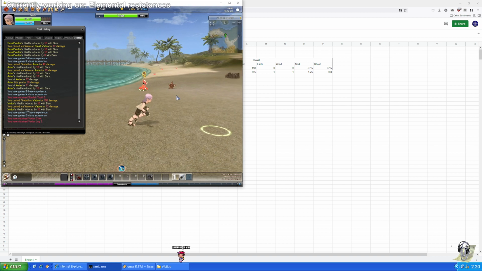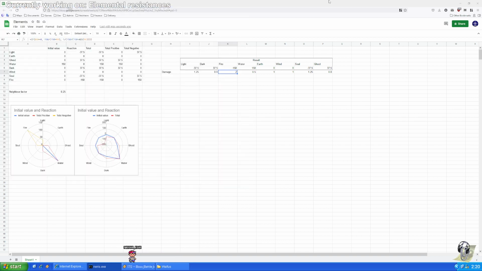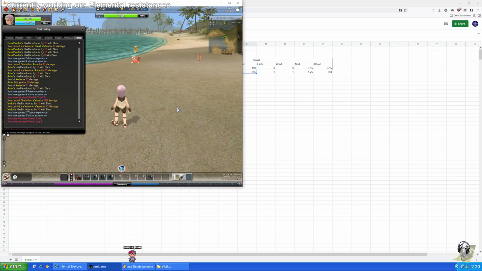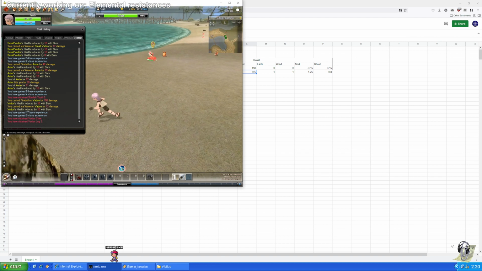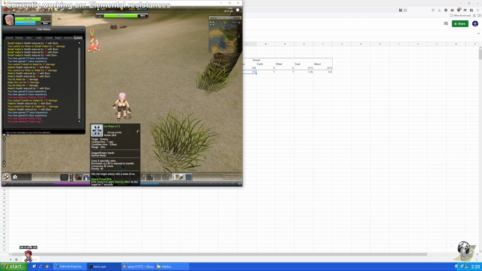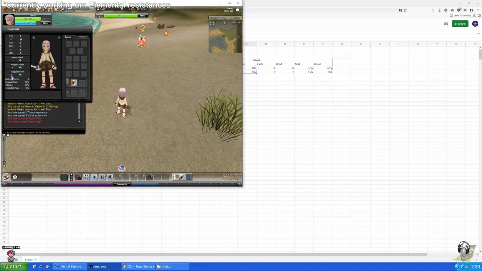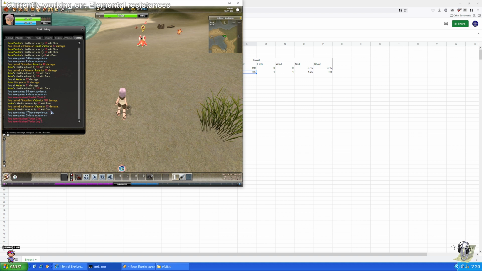But yeah, it's hard to tell because we have a huge variance of attack, but it's fine. And when attacked with water, it's 0.5. Which is, we have 55, so it's like 25, half of that, 12.